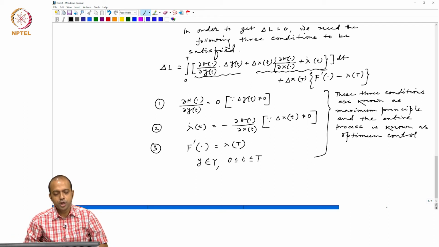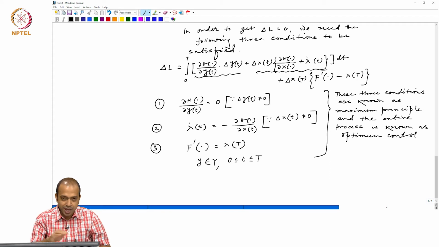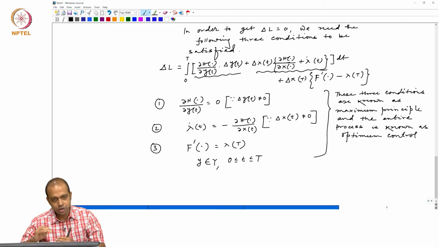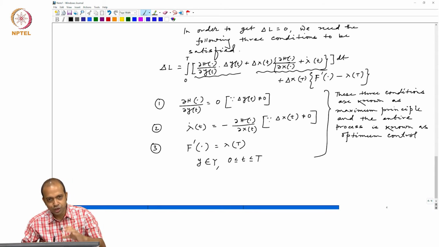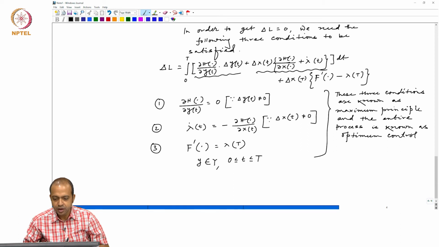Optimum control. Now, as of now, it may appear like we are discussing only technical things, but these things are the primer of dynamic optimization that we will, when we discuss in our later part, you will see the actual meaning of these conditions, right.